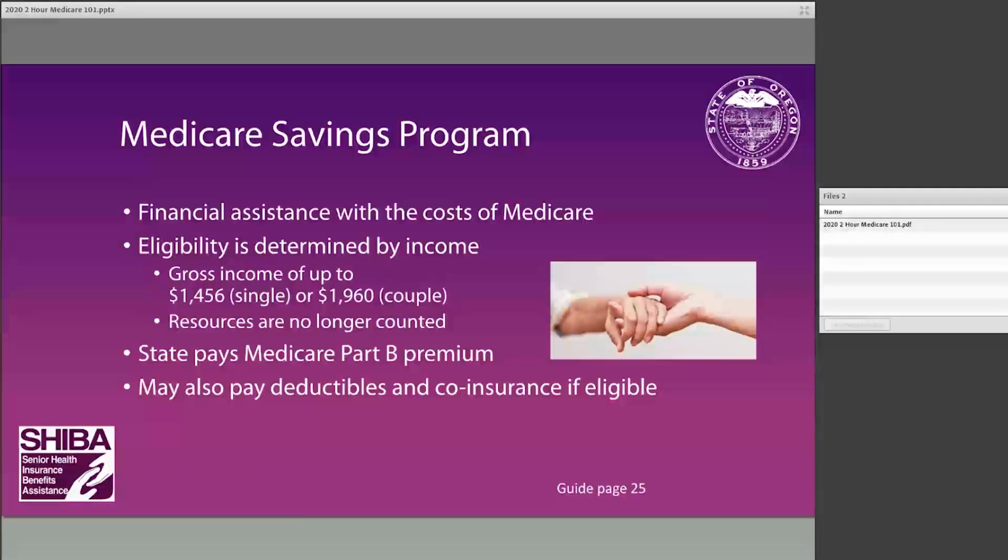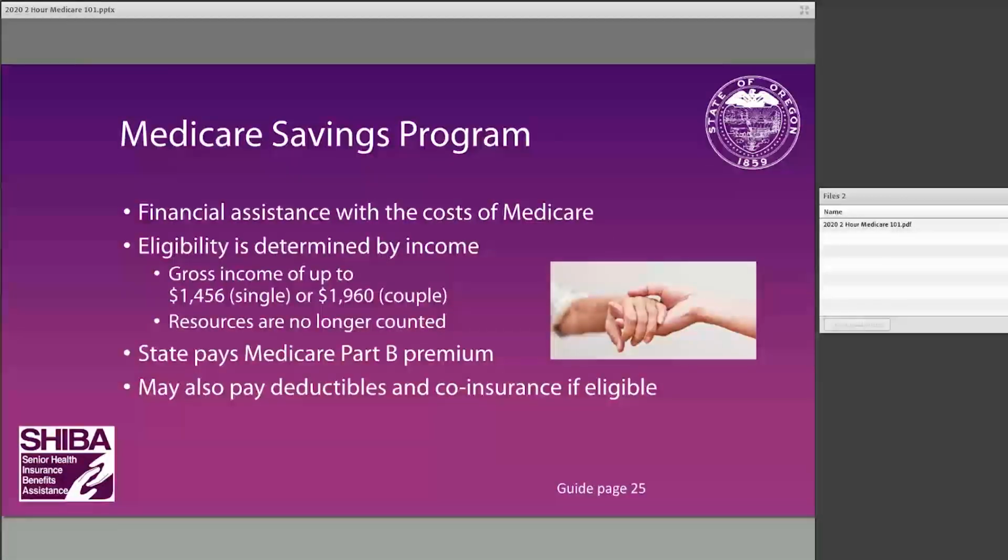So this may not affect you personally, but maybe you have somebody in your circle of influence, a friend, family, neighbor, who could really use a little extra financial assistance. Let them know that they can contact us, and we can screen them for this Medicare Savings Program and get that eligibility determination started.